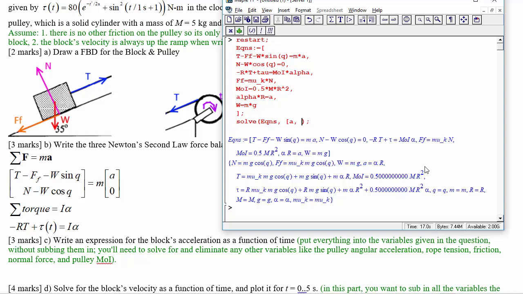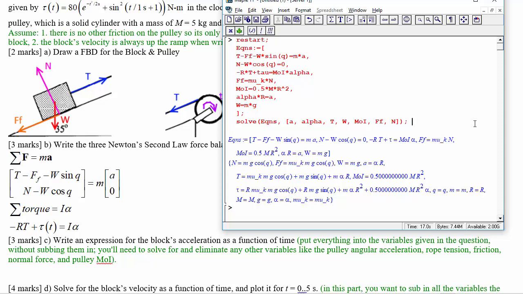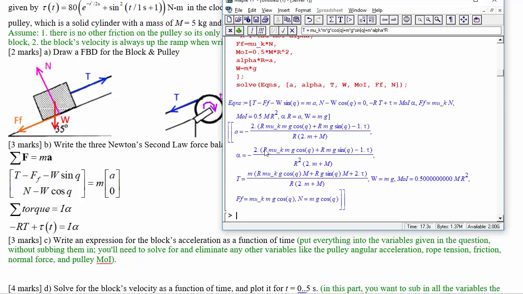So we'll eliminate alpha, we'll eliminate the tension, we want to eliminate the weight, what else? MOI, moment of inertia, the friction force, and the normal force. And we should have 7 different things here that we can eliminate because we have 7 equations. So there we go. Now we've got expressions for all the different pieces there.